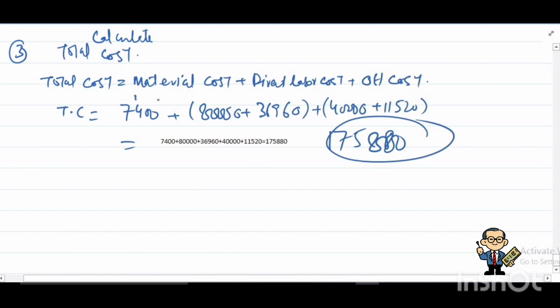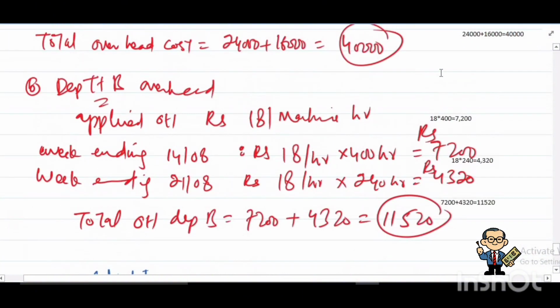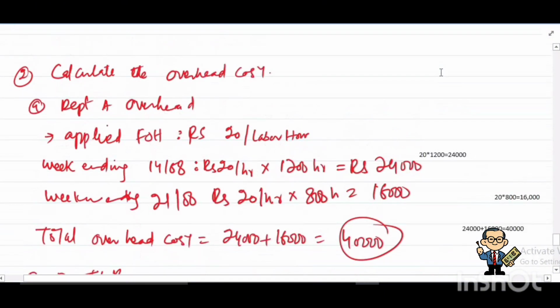These were the direct material costs, and these were the direct labor costs for department A and department B. If you check here, you will see all these figures.